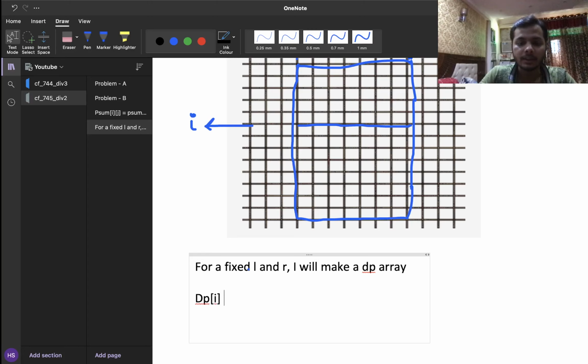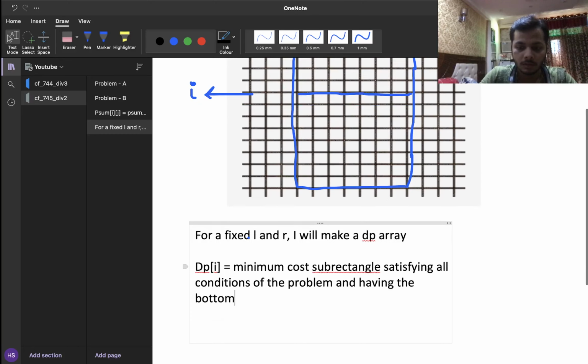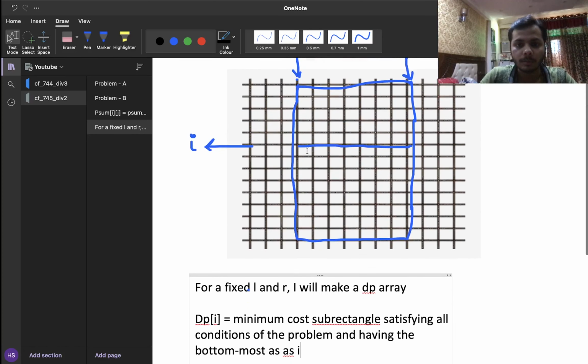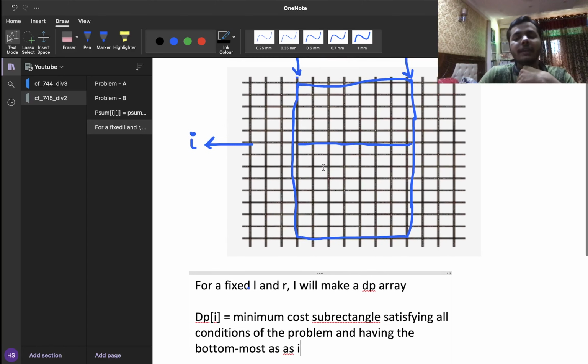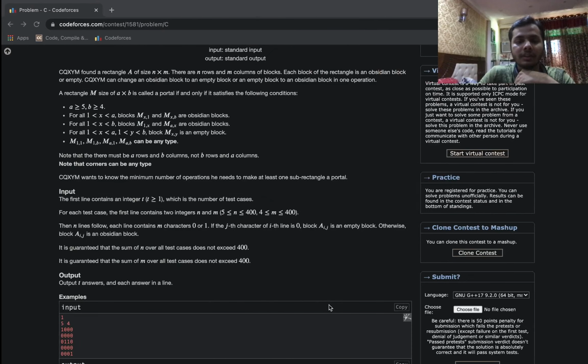DP of I denotes the minimum cost subrectangle satisfying all conditions of the problem and having the bottommost row as I, right? So basically dp of I is the minimum cost of a subrectangle which essentially satisfies all these conditions given in the problem, right?